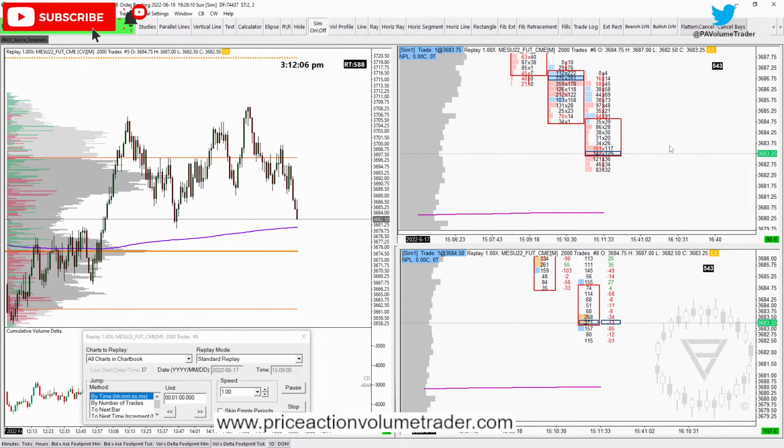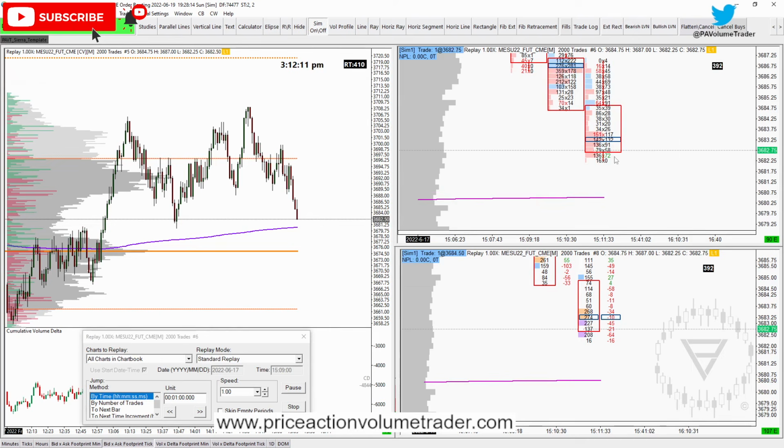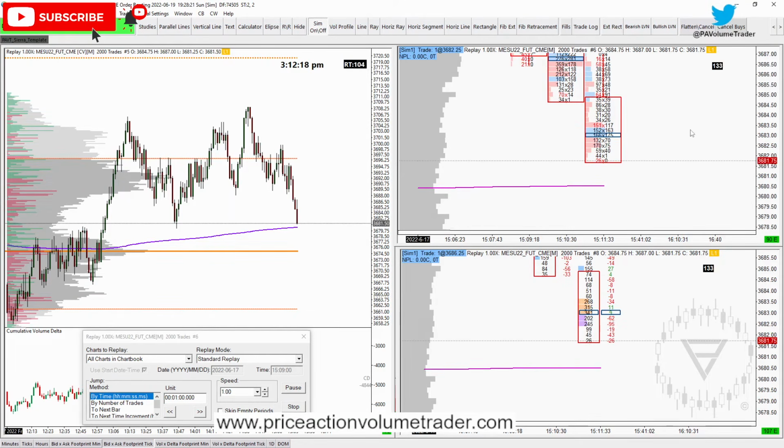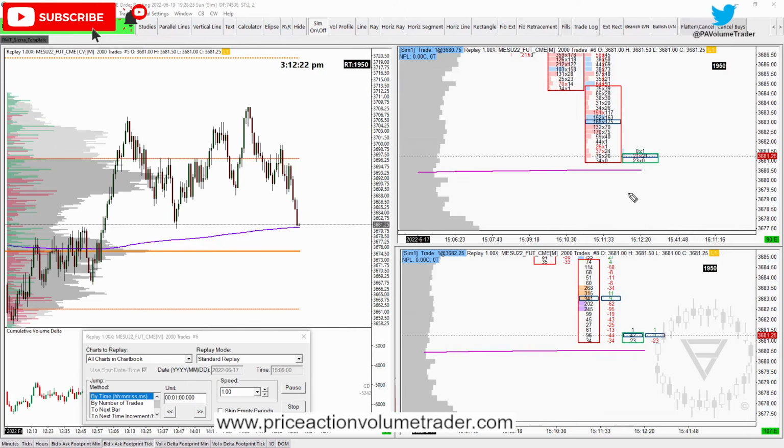And now I want you to just pay attention to how volumes are going to increase once we get close to VWAP and to the point of control here. And this is why footprint charts are very useful for me, because when you're trading, you want to really identify and see where high volumes are being executed.